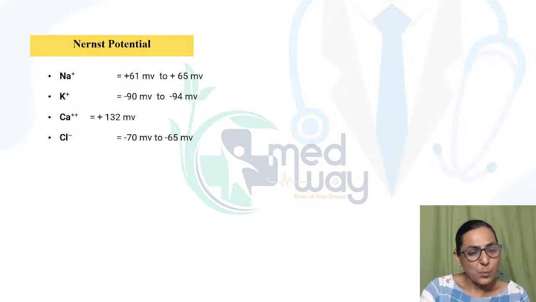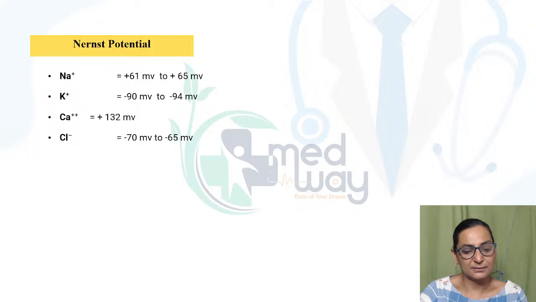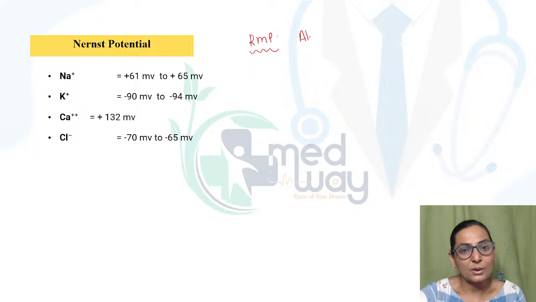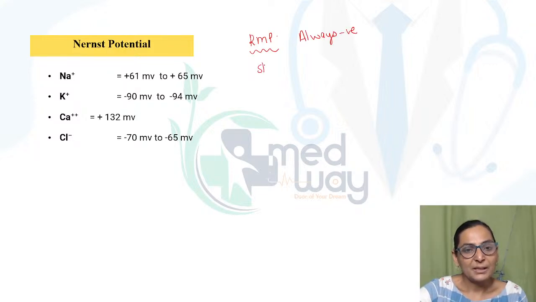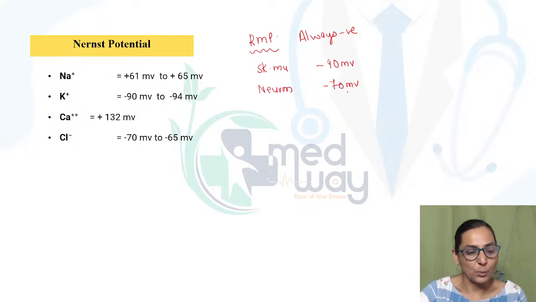Now, what is this Nernst potential? When we speak of genesis of resting membrane potential, you will see that the resting membrane potential is always negative. For example, skeletal muscle minus 90 millivolts, neuron minus 70 millivolts.